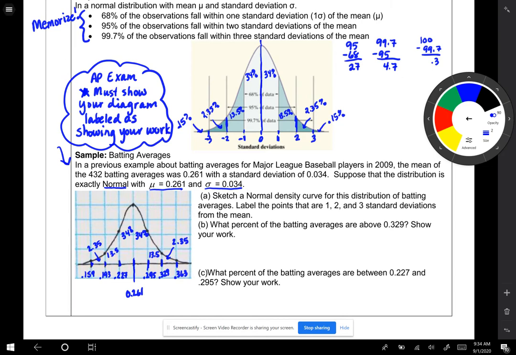What percent of the batting averages are above 0.329? So here's 0.329. It would be anything above, so anything to the right. So you are going to add 2.35% plus 0.15%, and that'll give you 2.5%.